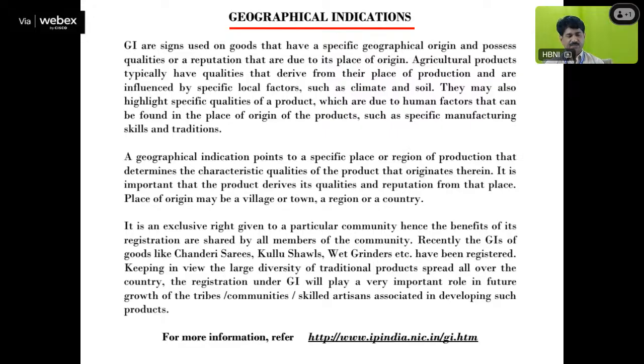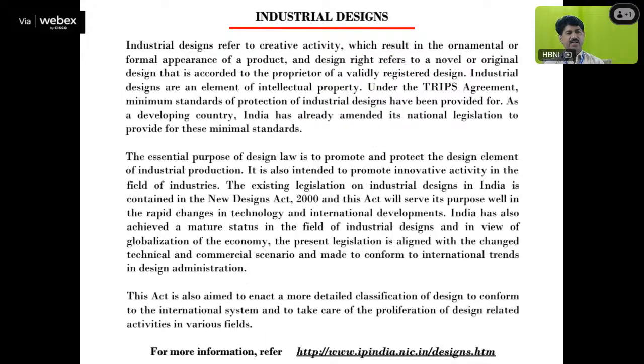We'll go to the next one, that is industrial designs. Industrial designs refer to the creative activity which results in the ornamental or formal appearance of a product, and design rights refer to a novel or original design that is accorded to the proprietor for the validity of the registered design.